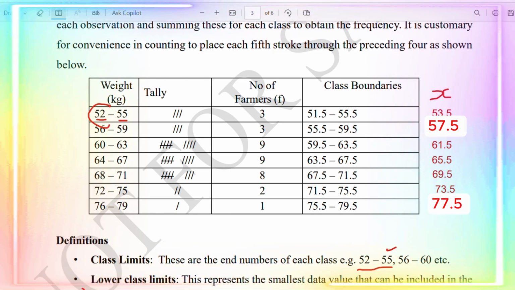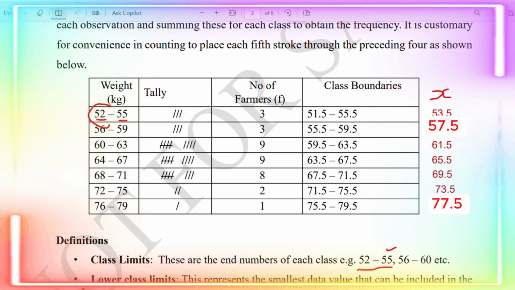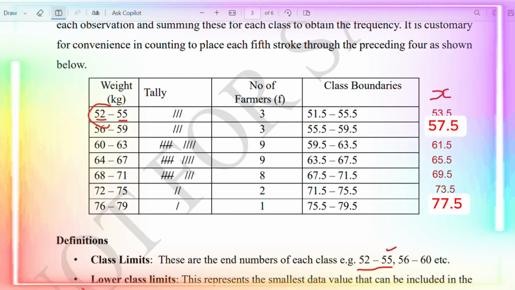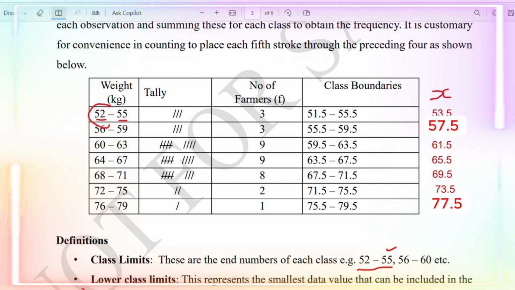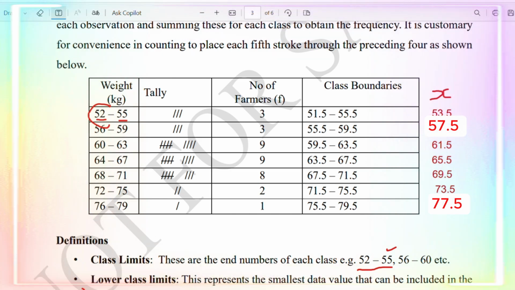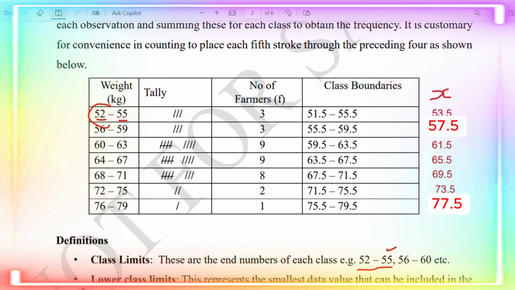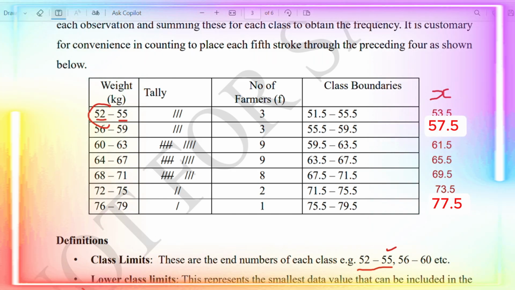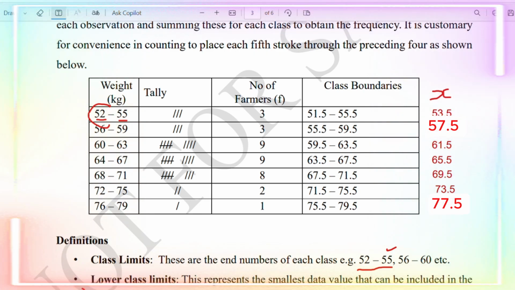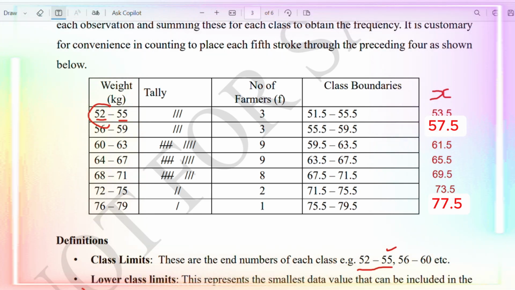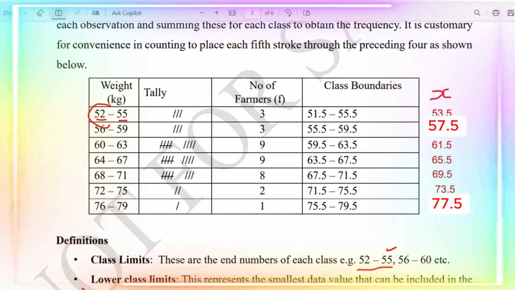I need to explain that so that you have a perfect understanding of what we are talking about here. And I hope with that you don't have any confusion about how to obtain all these: class interval, class boundary, and all the likes.